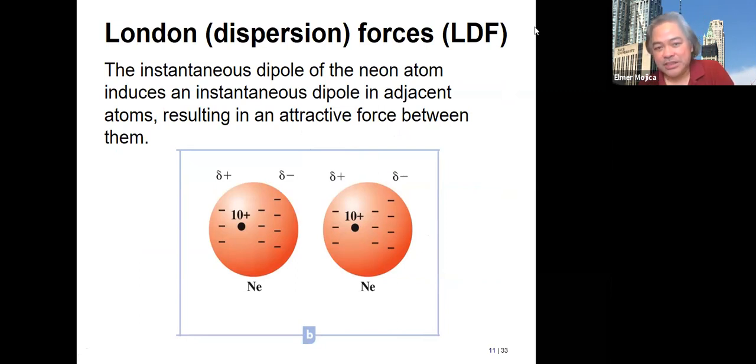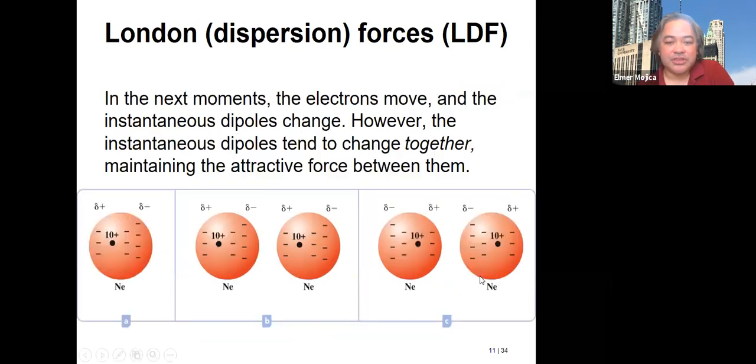So this is how the London dispersion forces happen. In the next moment, the electrons move and the instantaneous dipoles change. However, the instantaneous dipoles tend to change together, maintaining the attractive forces between them.